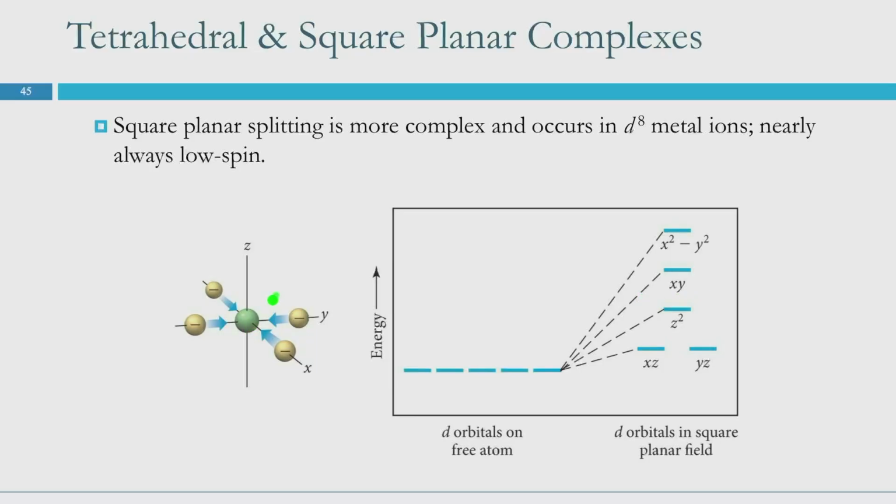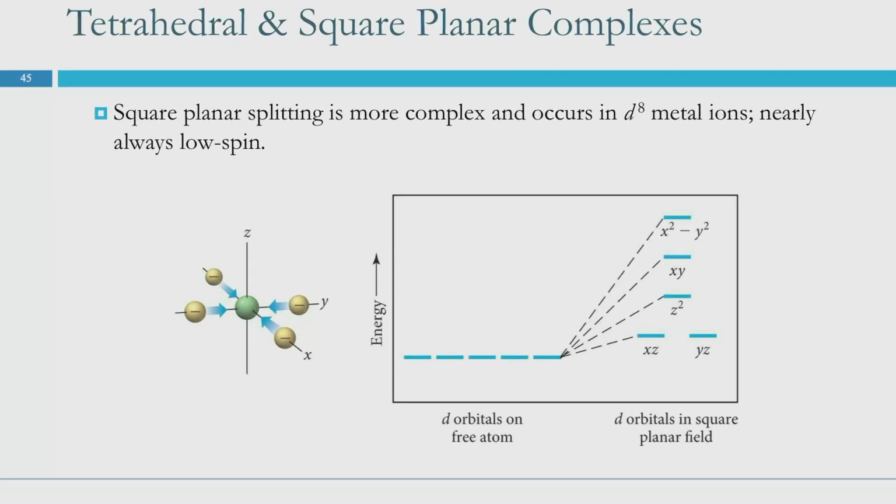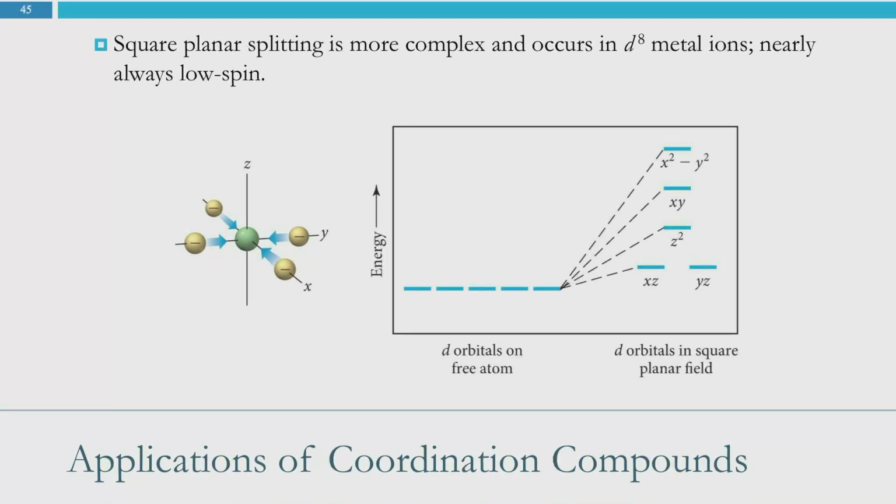Our xy is in between where our ligands are coming through. And then our x squared minus y squared has perfect overlap with the ligands, and so that's the highest energy. It's a mess, really. It's explainable, but I don't expect you to be able to come up with this on your own. You could come up with it on your own, like I was just talking through, but I don't expect it. These are typically going to be low spin.